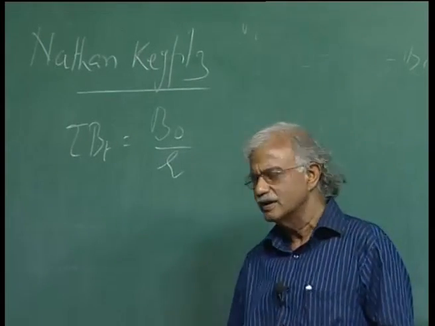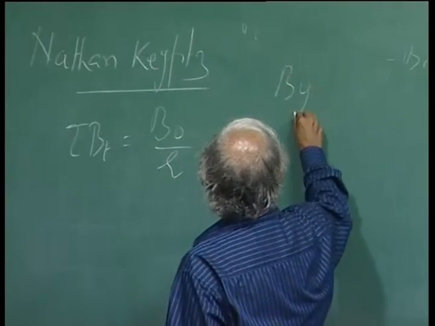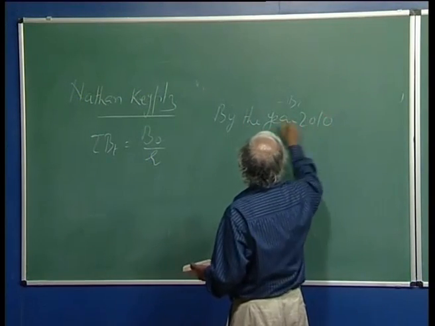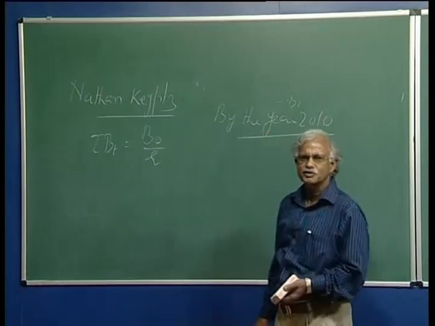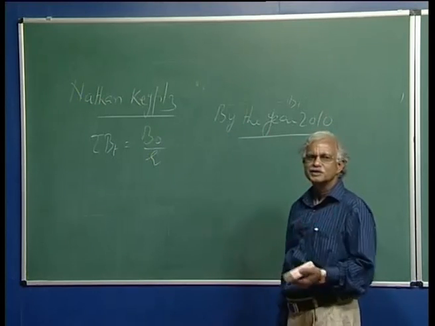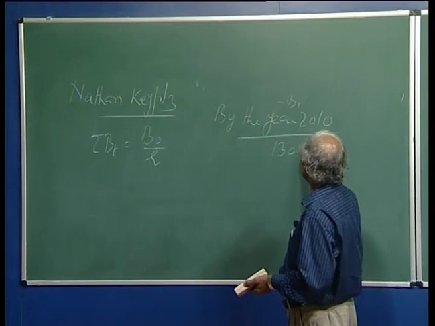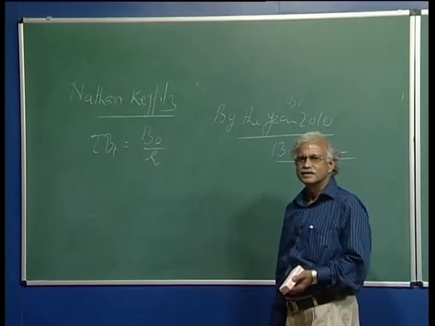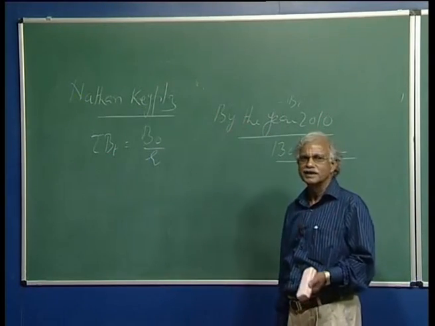But overall, I can say that so far by the year 2010, starting from the emergence of human population, starting from the time the first man appeared on this planet Earth, nearly 130 billion people have been born. 130 billion people have ever lived on this planet Earth.